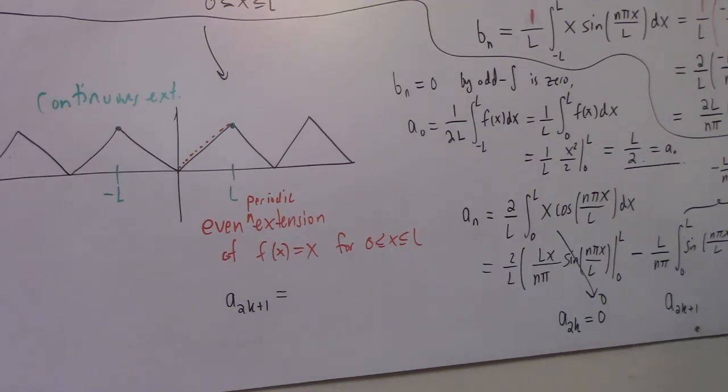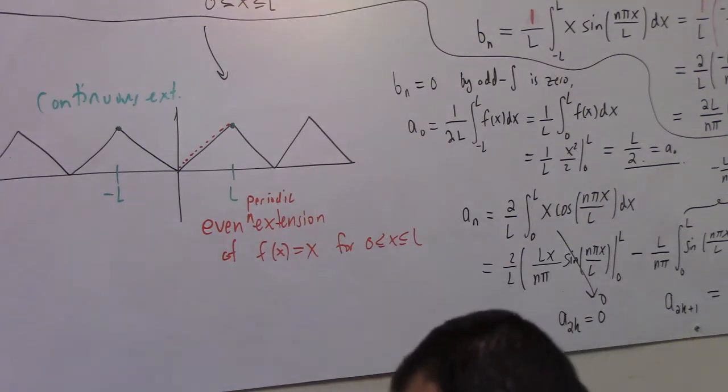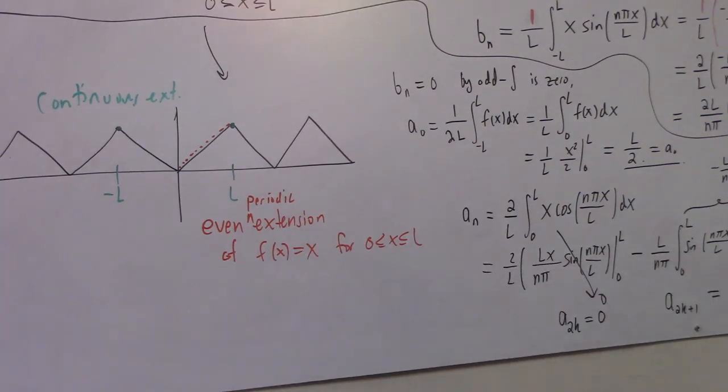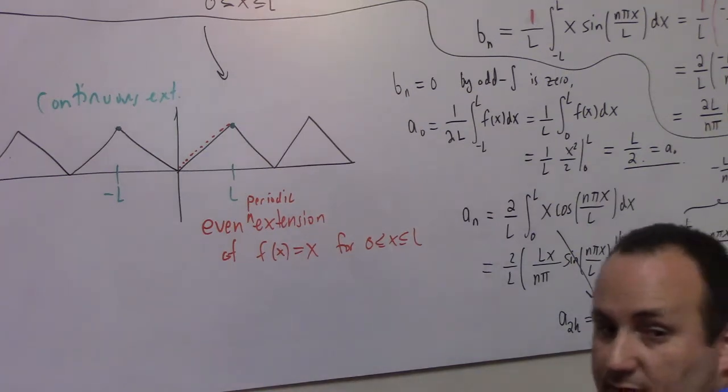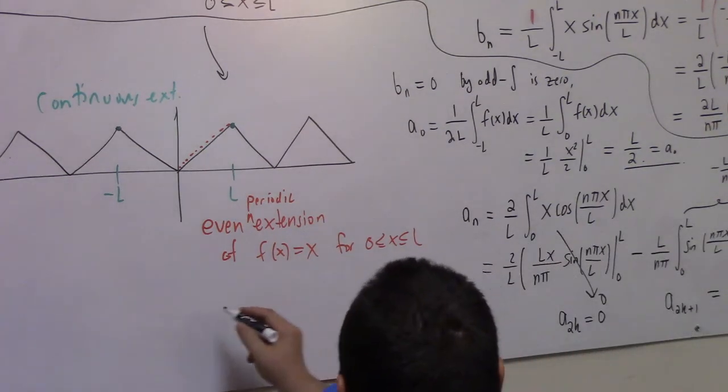But if it's 2k plus 1, then you've got 2L over 2k plus 1 squared pi squared, and then that's just 2, right? So 4. So in fact, with that little bit of arithmetic behind us, minus, thank you, yeah.